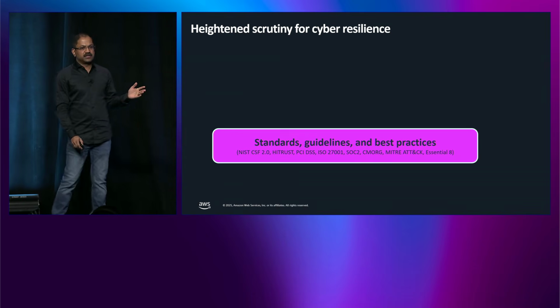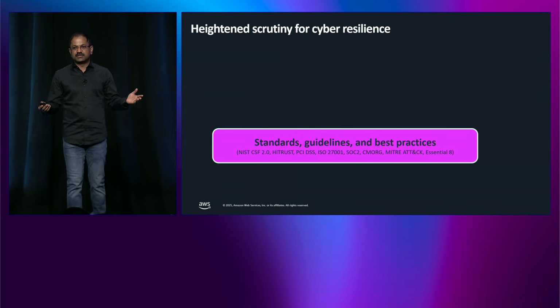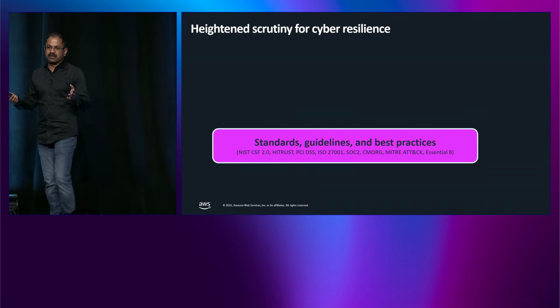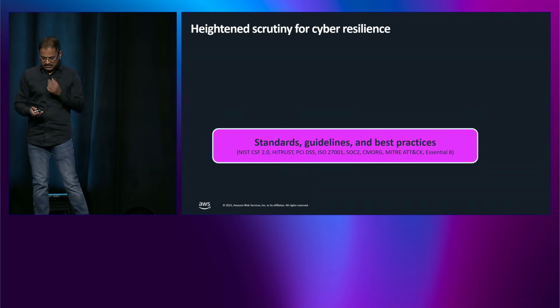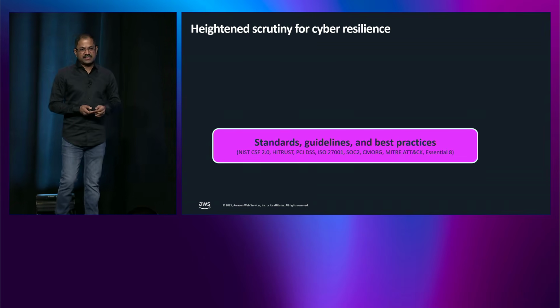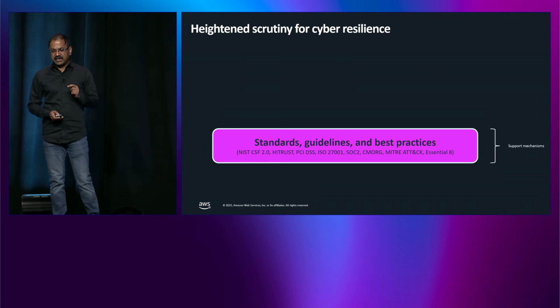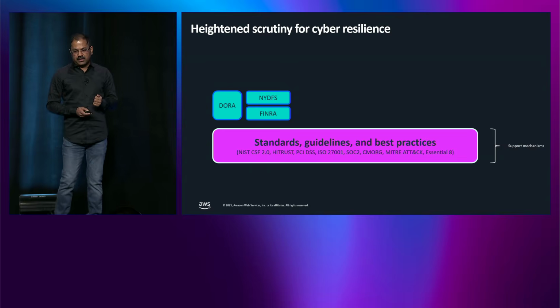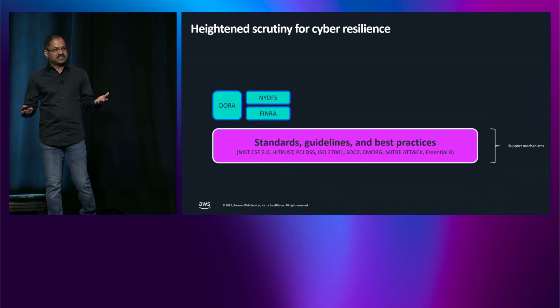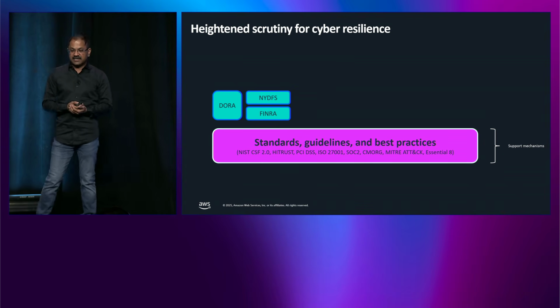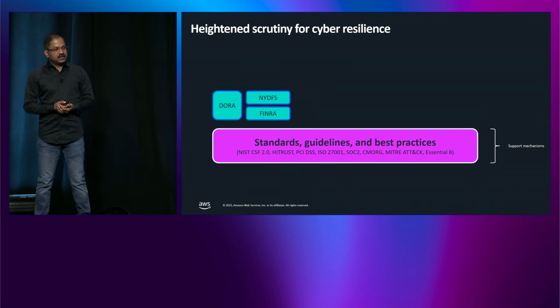The first and foremost thing is that as customers, you have access to a lot of standards and frameworks available. These standards and guidelines are the support mechanisms that you can tap into. But obviously, based on the foundations laid by the standards and best practices, there are regulations being built on top of them.